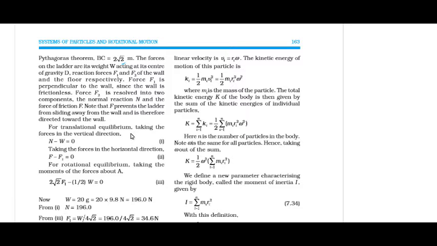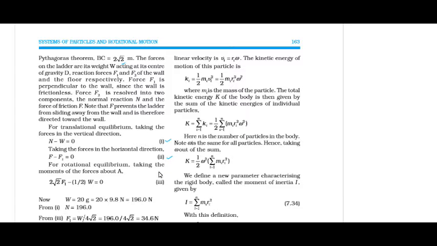For translational equilibrium, taking the forces in the vertical direction, N minus W is equal to 0. Taking the forces in the horizontal direction, F minus F1 is equal to 0.